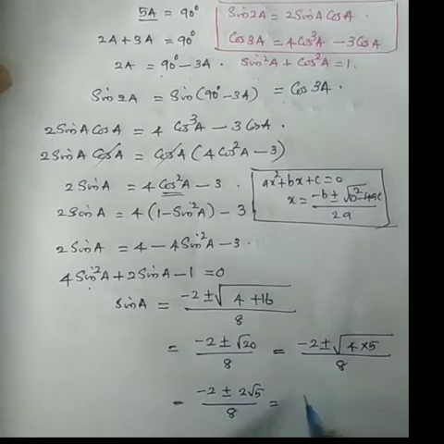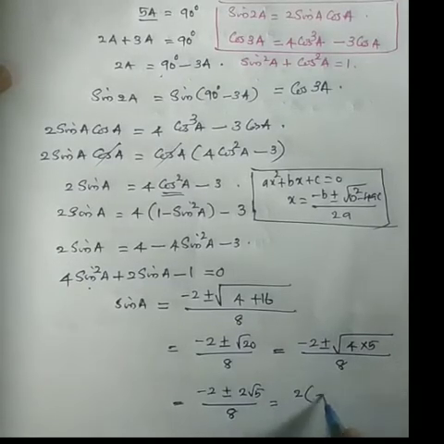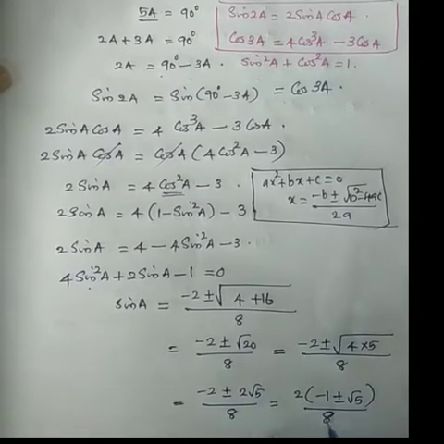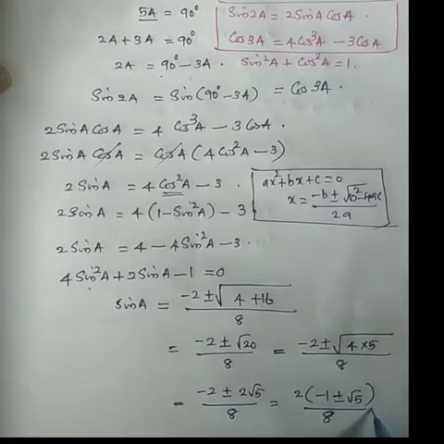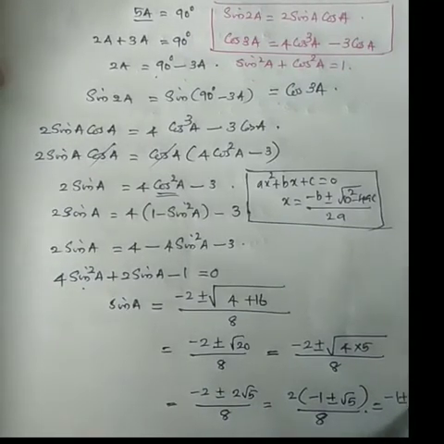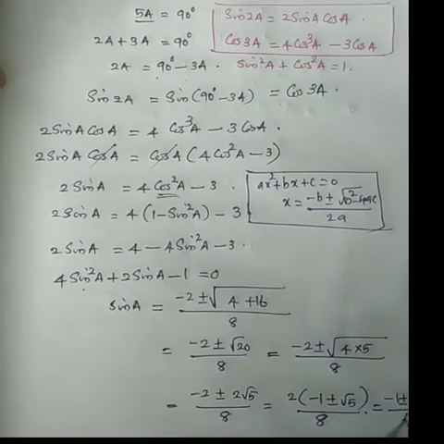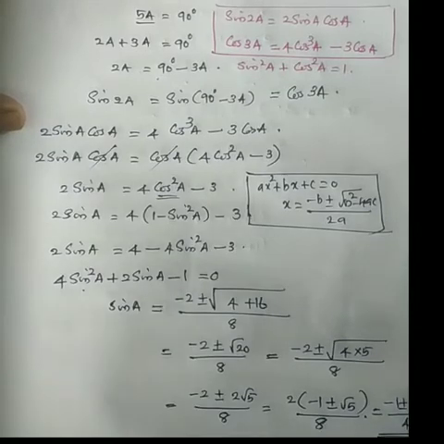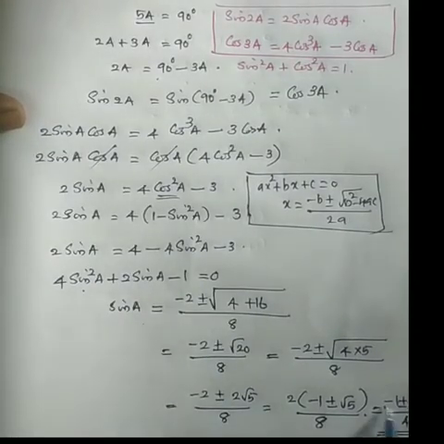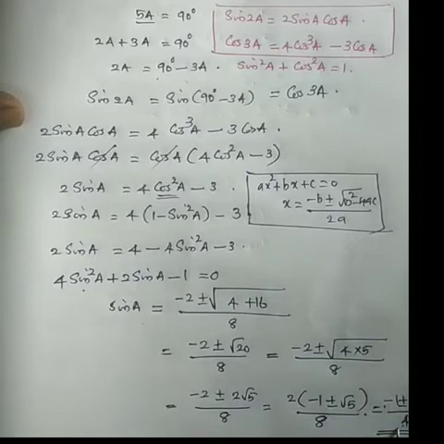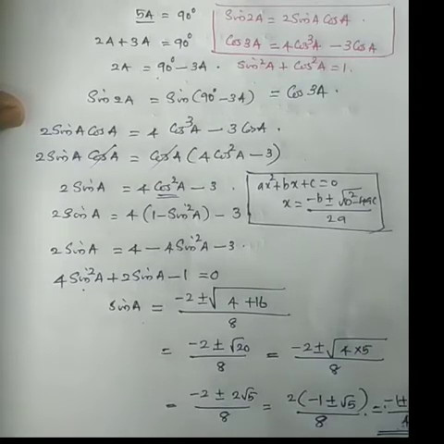Okay, taking 2 common factor, minus 1 plus or minus root 5 by 8. 2 and 8 cancel, the remaining is minus 1 plus or minus root 5 by 4. Okay, therefore the value of sin a is minus 1 plus or minus root 5 by 4. The values are minus 1 plus root 5 by 4 and minus 1 minus root 5 by 4.